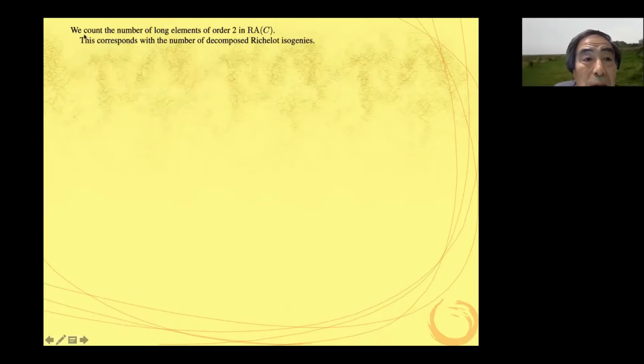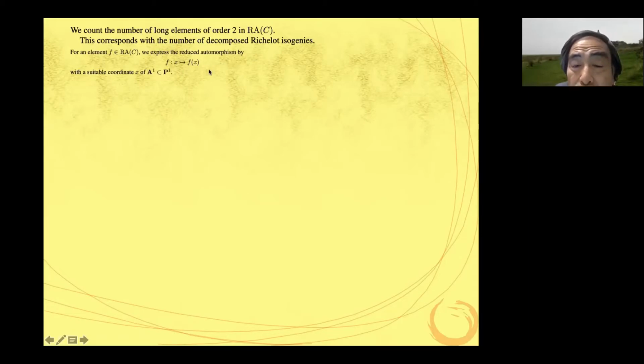And now the problem is we need to count the number of elements of order 2 in the reduced automorphism group. For the reduced automorphism group, we express it like this.